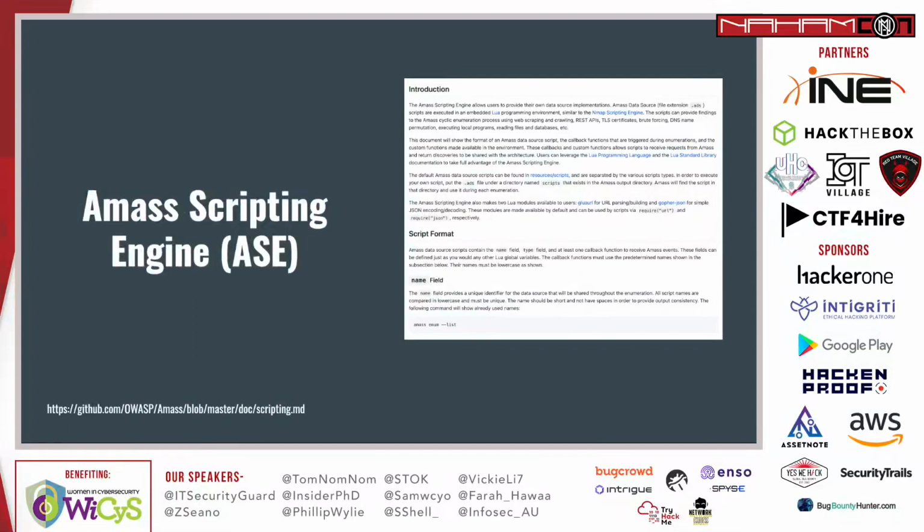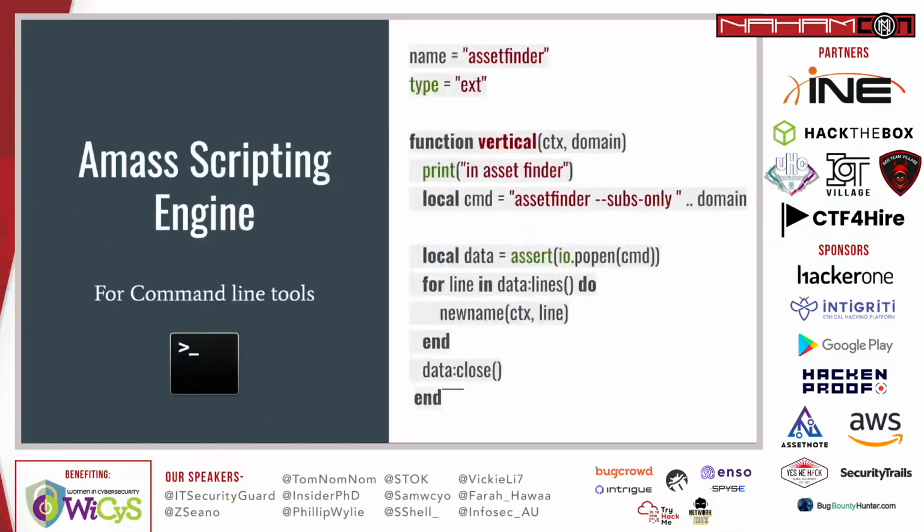Okay, so probably the most important functionality of the Amass scripting engine is to include command line tools. If you have a closer look at the actual code, it is fairly simple and straightforward to understand. On the right side here, you can see what the actual code looks like to run a command line tool. You first need to define a name for your extension.